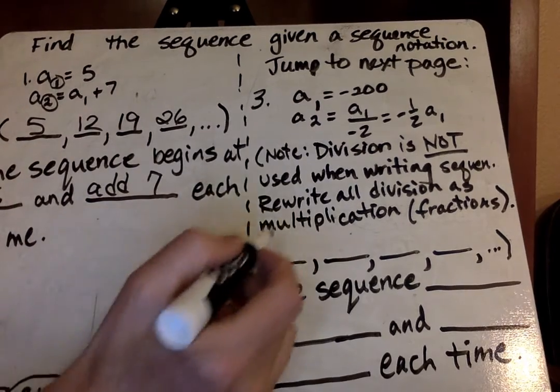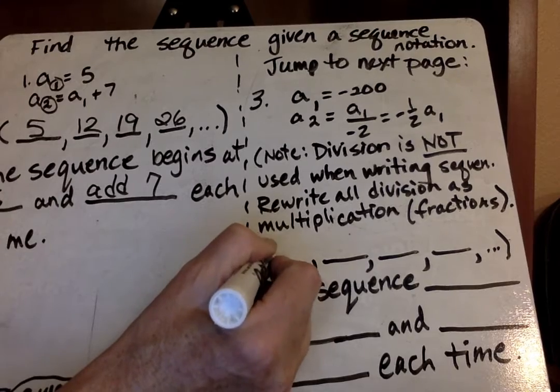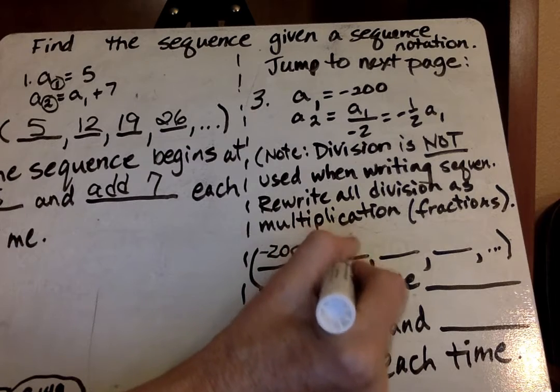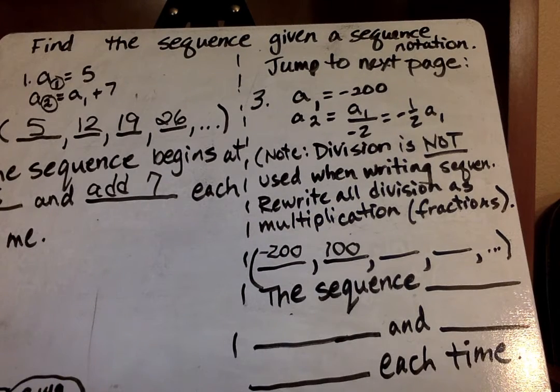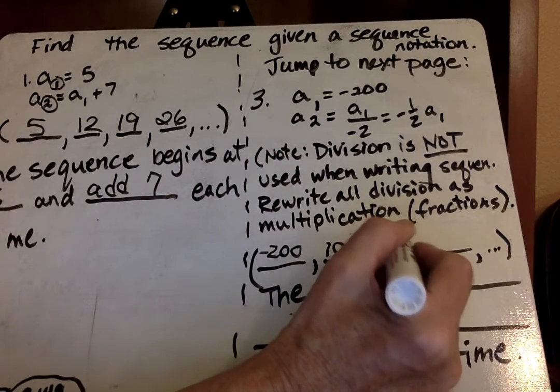So our first number in the sequence, all we have to do is look at A1. That's going to be negative 200, okay? Then the next thing we have to do is multiply it by negative 1/2, and we know the next one will be 100. Okay, if we multiply that by negative 1/2, we go ahead and we put negative 50.